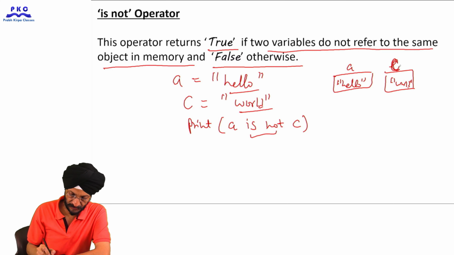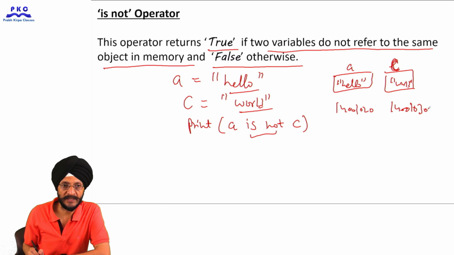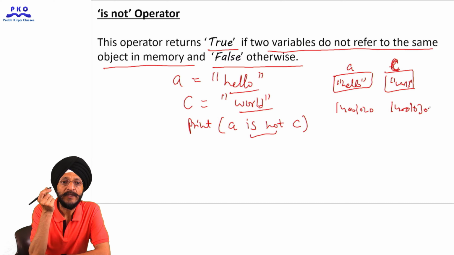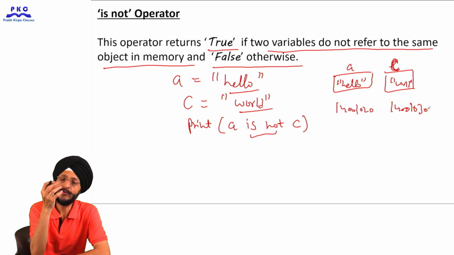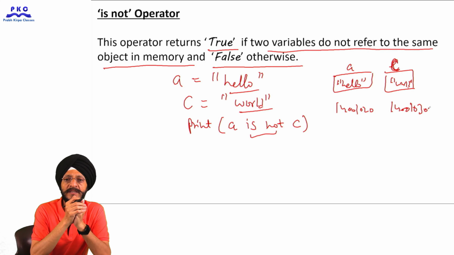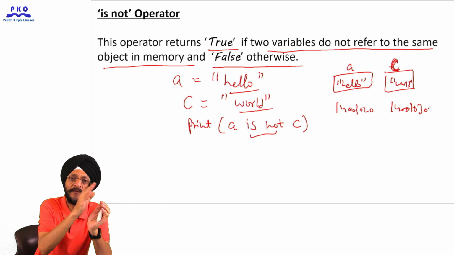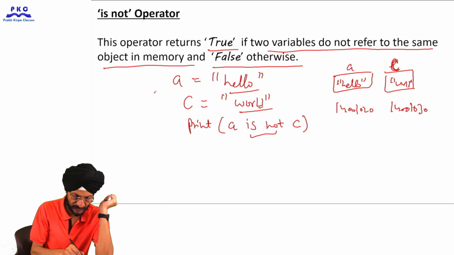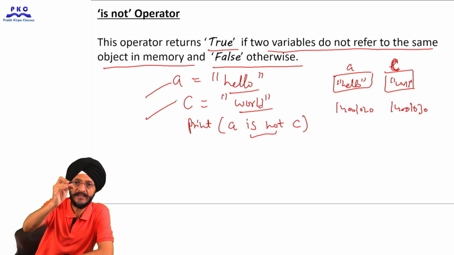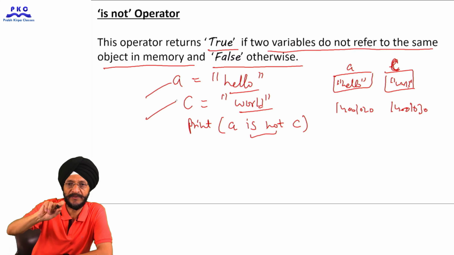This will be the A, this will be the C. Suppose it will have an ID like this, and it may have a memory location like this. How to find out the memory location is not for us to find out. The memory manager will automatically allocate different memory to A and C. However, we can find out whether the memory location of A and C is different or not.